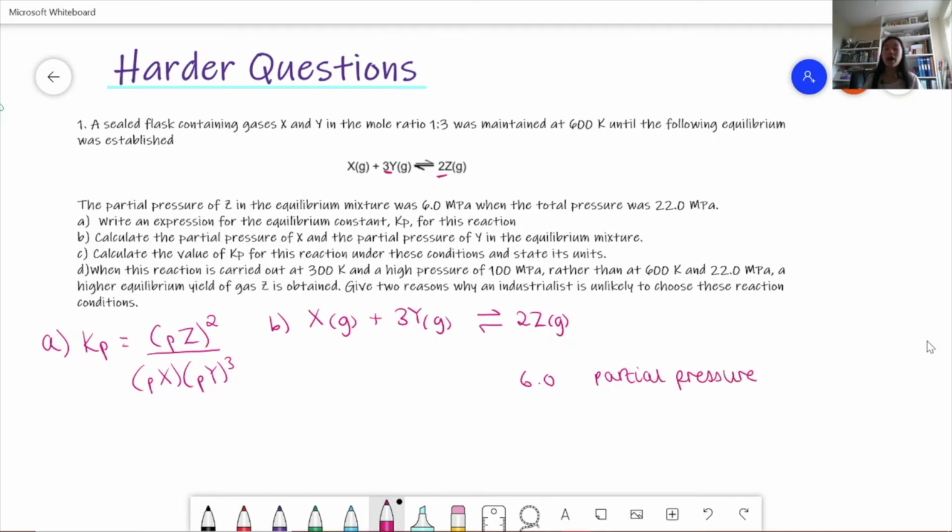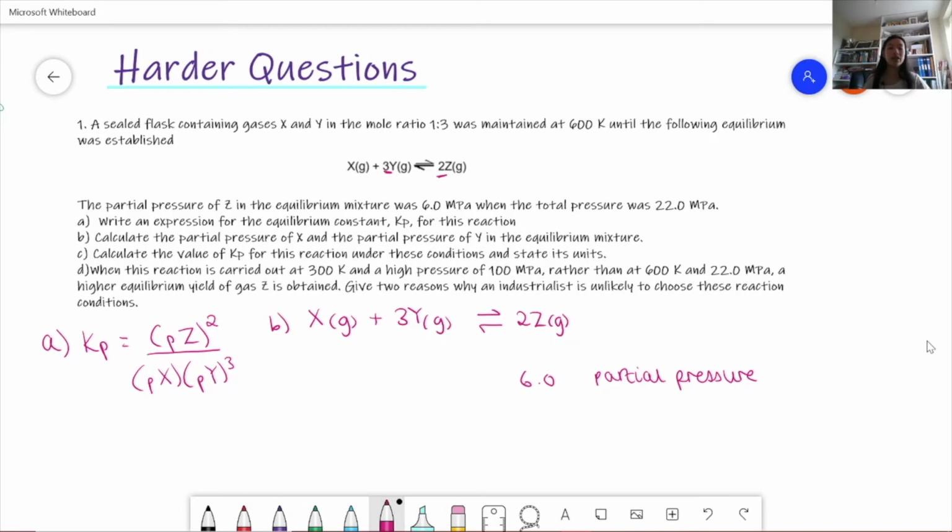And we know that initially the mole ratio was 1 to 3 between X and Y. And so from that, we know that in the mixture at the beginning, a quarter of it was X and 3/4 of it was Y. And from that, we can actually work out their partial pressures.